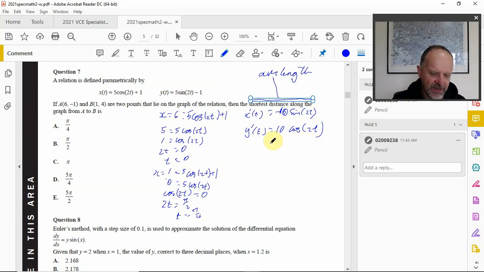So now we're looking at our arc length integral.